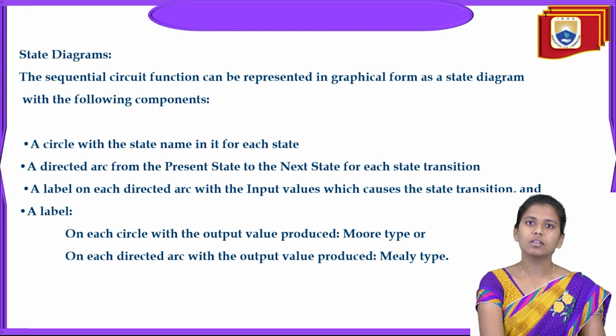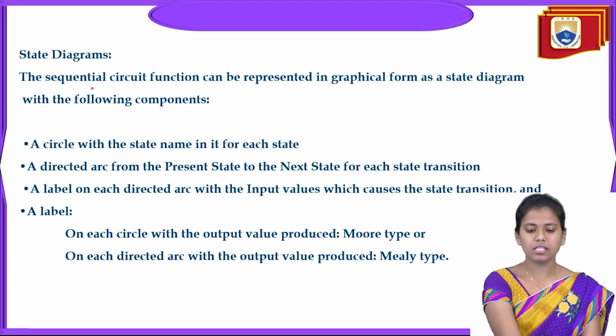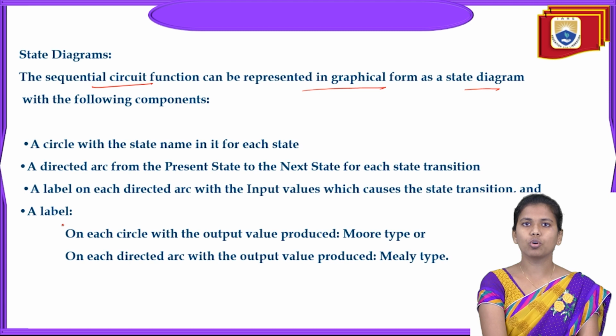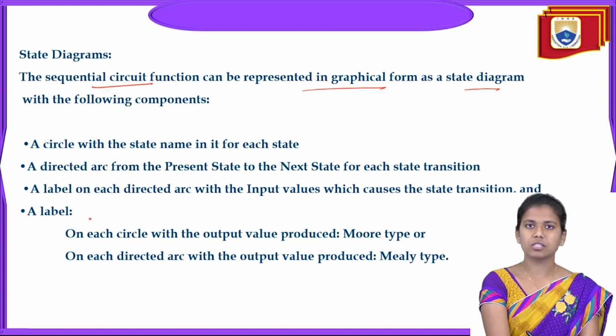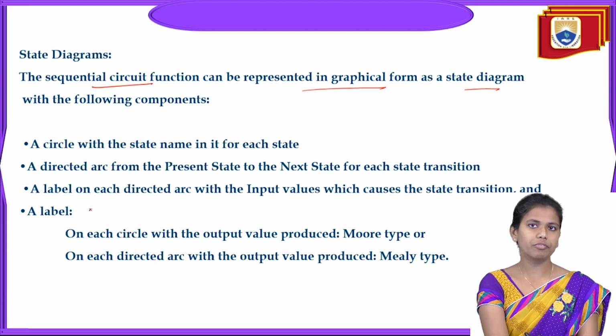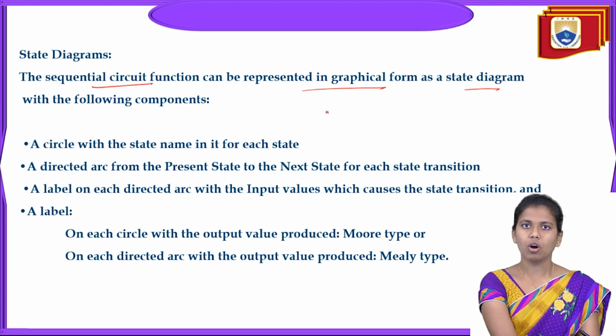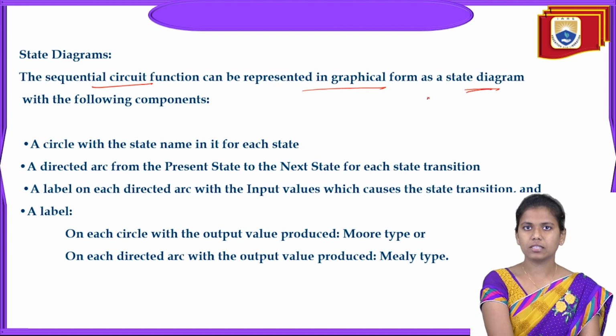And then coming to the state diagram. What does the state diagram talk about? The sequential circuit functions can be represented in graphical form as a state diagram. So here the functioning of a particular circuit, the sequential machines, can be represented in graphical form, or in terms of the state diagram.